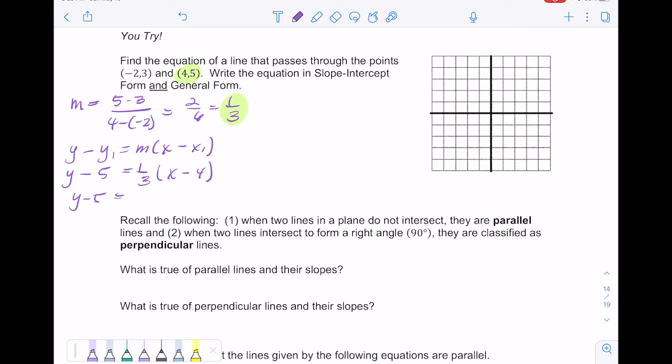And I'm going to distribute the 1/3 to the parentheses. And then I'm going to add 5 to both sides.